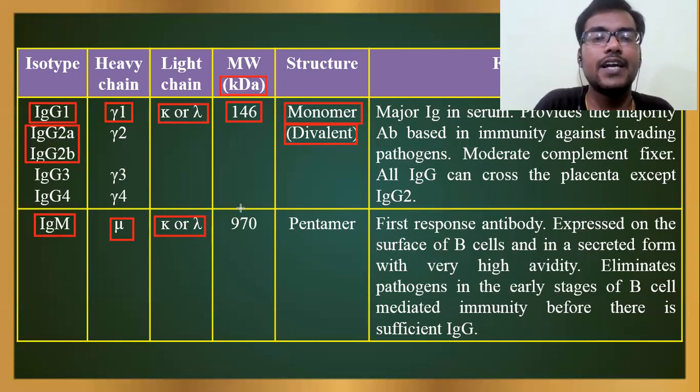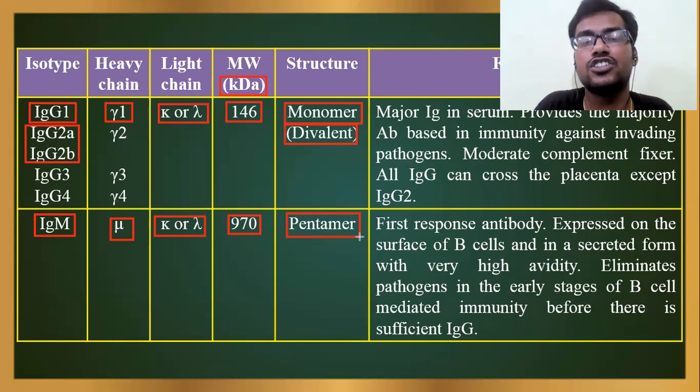The molecular weight of IgM is 970 kilodalton, because it is found in the body in a pentameric structure. I'll discuss the pentamer structure later, in the next slide. I will show the diagram. IgM is found in the blood in pentameric structure.